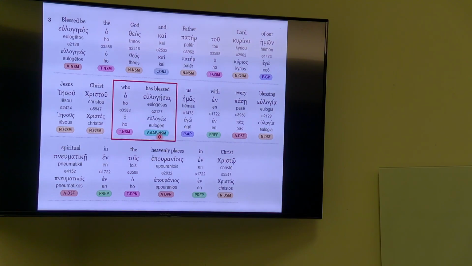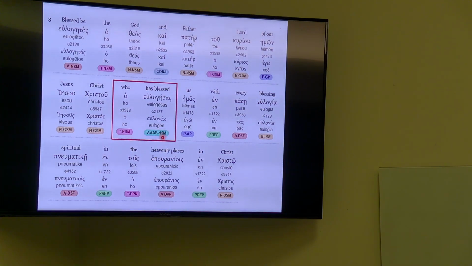If you were just reading this in English, blessed be the God and Father of our Lord Jesus Christ, who has blessed us. Who does the who refer to? To whom does the who refer? It refers to God. That's what the Greek shows us with clarity, because if it was genitive singular masculine, then it would agree with Christ.